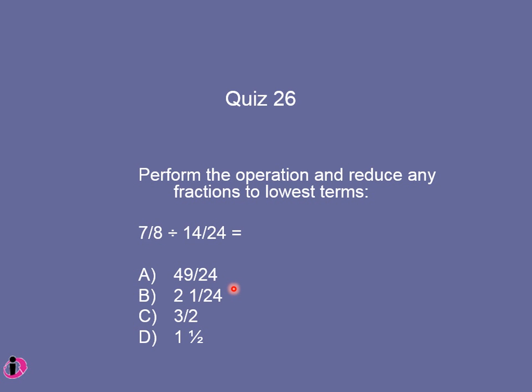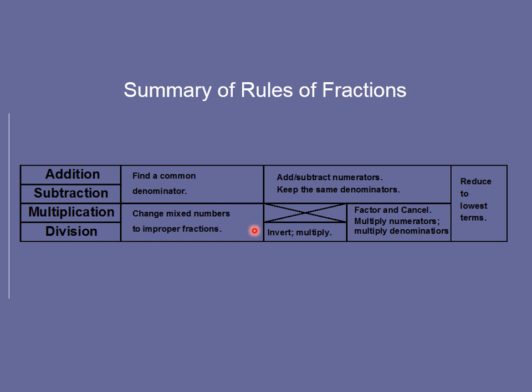So the final summary is this. If you have an addition and subtraction, you always find a common denominator and then add the numerators or subtract the numerators. You keep the denominator the same. Okay? And in case of multiplication and division, you always change the mixed number to improper fraction. And in case of division, you invert and multiply.